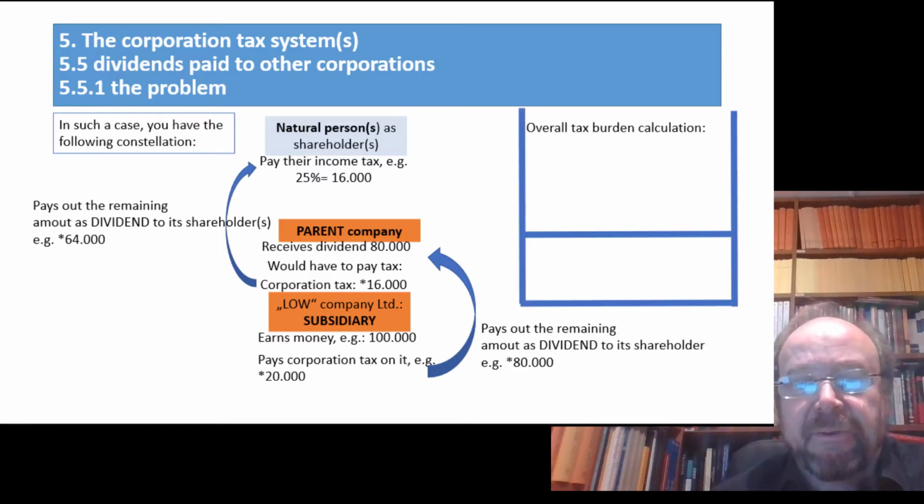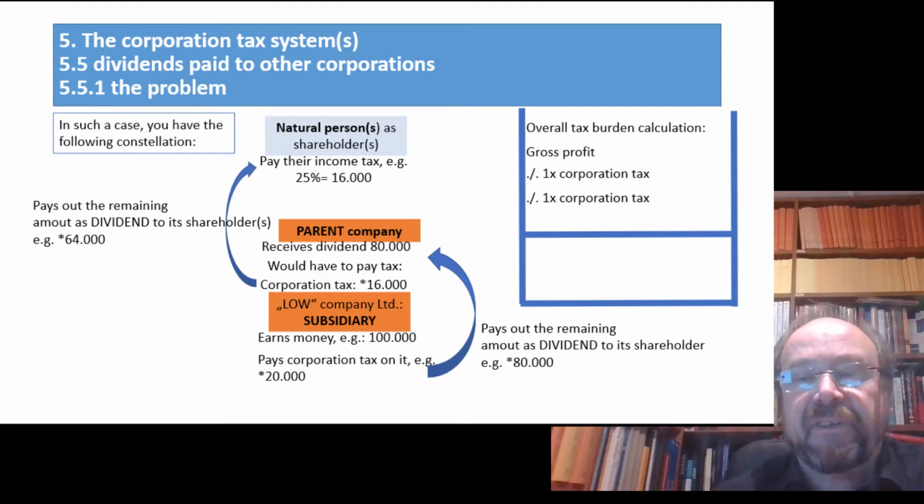If we now look at the overall tax burden, then we have the gross profit, and then it's lowered once by corporation tax, a second time by corporation tax, and then even by income tax of the shareholders. So now we have a total of 3 taxes on top of each other.